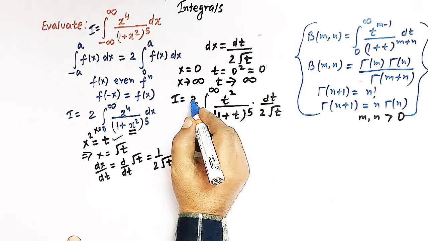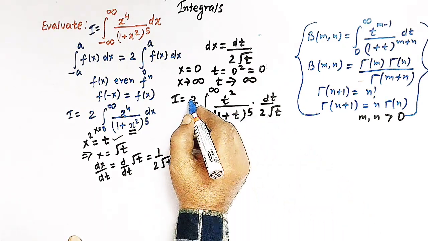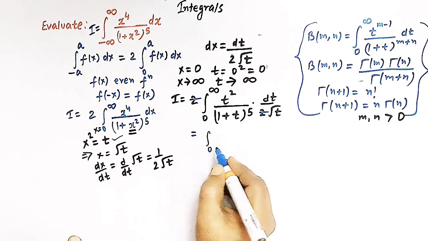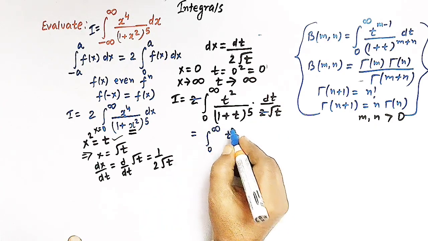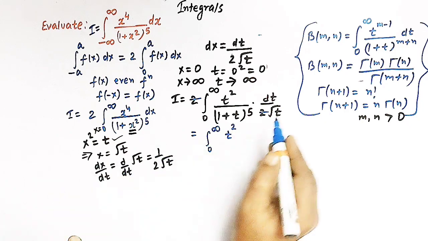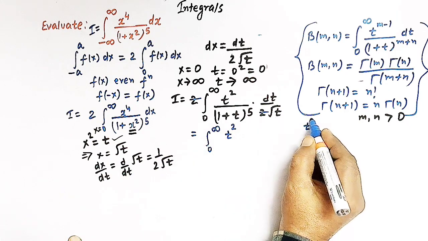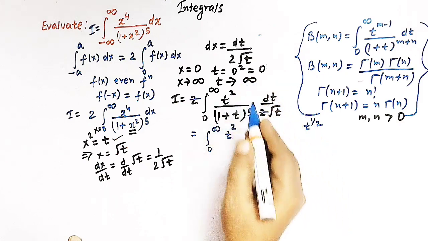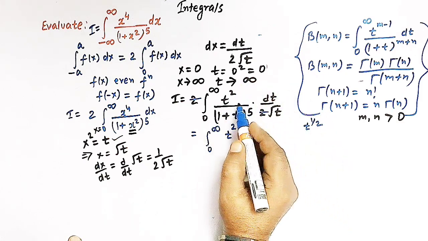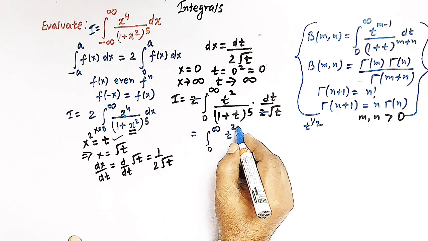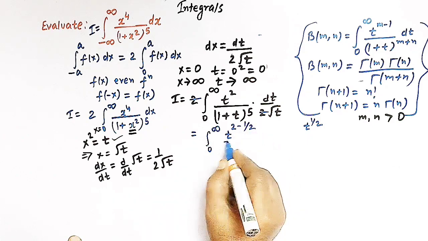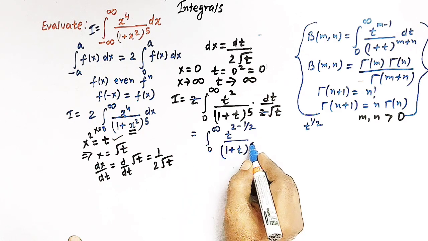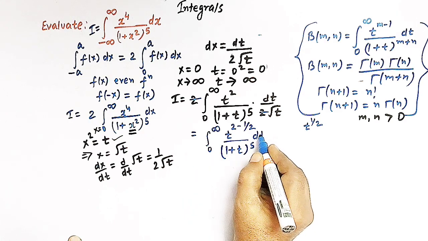So now we can easily observe that this 2 and this 2 get cancelled, and we have 0 to infinity. Then we have here t square, and here we have t raised to half, right? So taking t raised to half to the numerator and applying the laws of exponents, we have 2 minus half, and here in the denominator we have 1 plus t raised to 5, and here we have dt.